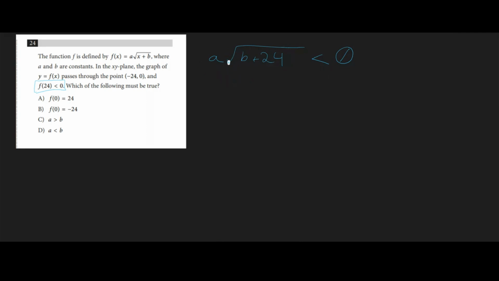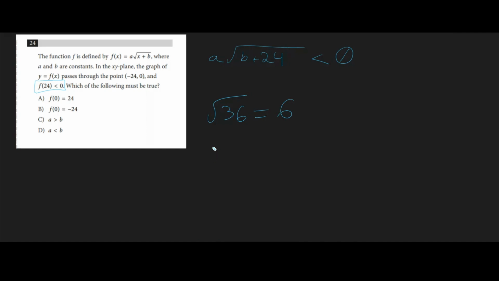One thing we can infer that might not be super obvious is the fact that they gave us this square root symbol. The mathematical convention is that square roots usually evaluate to a positive number. For example, if we have the square root of 36, we will always write that as 6.